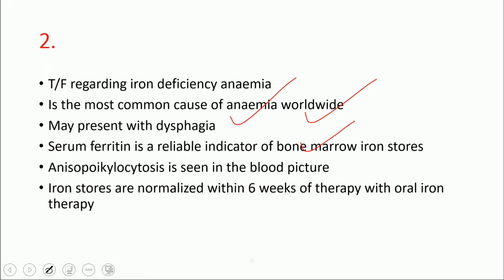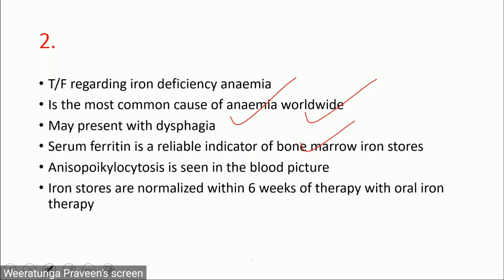Because it's a reliable indicator in most situations, because we don't do bone marrow in all the patients with iron deficiency, never. So serum ferritin is a reliable indicator, but the point you have to remember is ferritin is an acute phase reactant. So whenever there is inflammation, the ferritin goes up, and you have to be very, very careful when you're looking at the ferritin in somebody with an inflammatory disease.